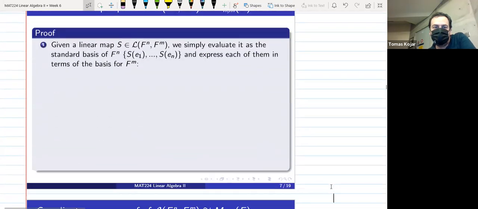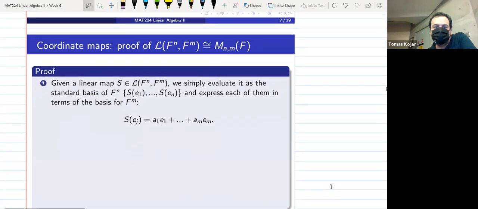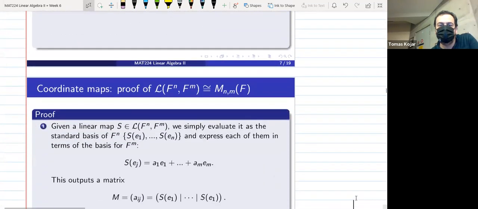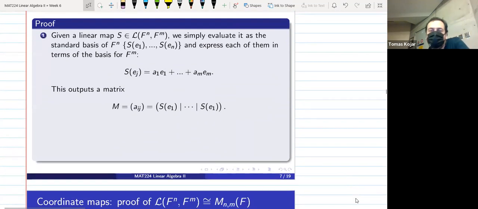So then, this is A1, I should put J. So my matrix will be, let me write it in big form.